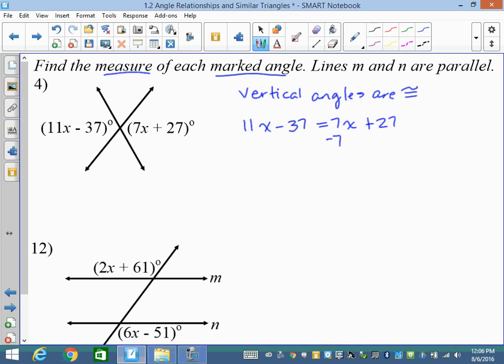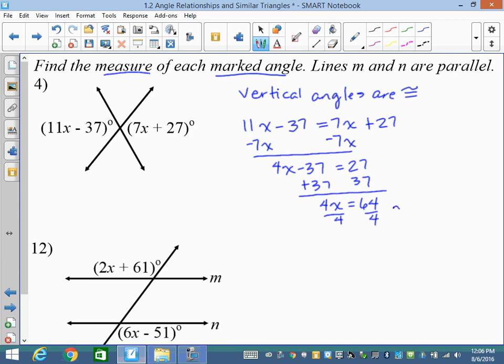If I subtract 7x from both sides, we get 4x minus 37 equals 27. Add 37 to both sides. We get 4x equals 64. Divide by 4, and we get x equals 16.